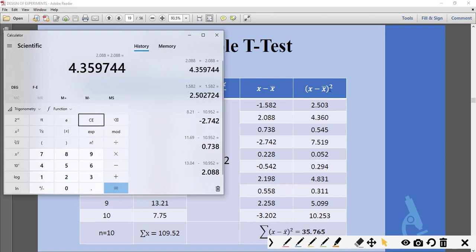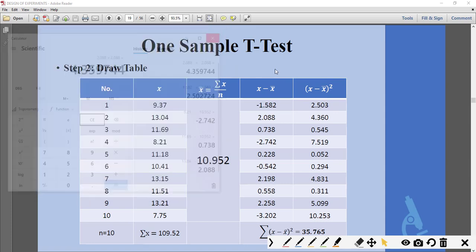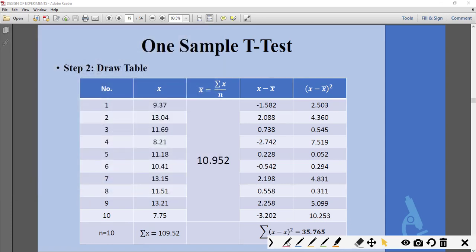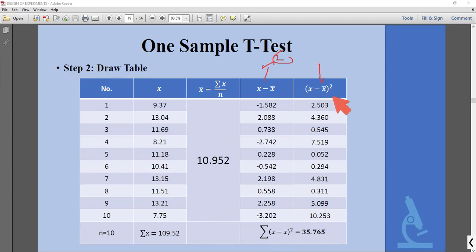So what is this column? This column is this column ka square. Okay, we have found out all the values of x minus x bar the whole square. Then what do? We do summation of all these values. We do addition of all these values.